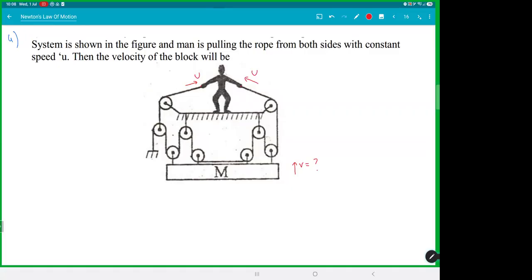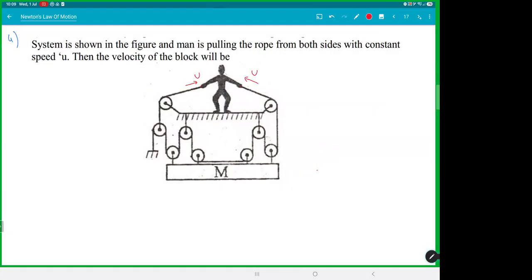Be careful, there are two different strings.